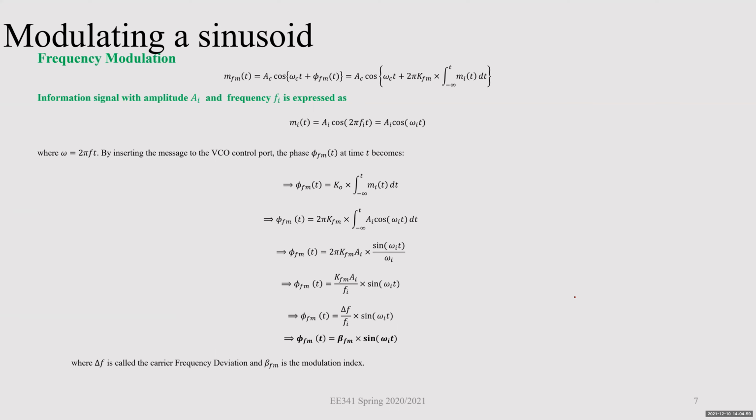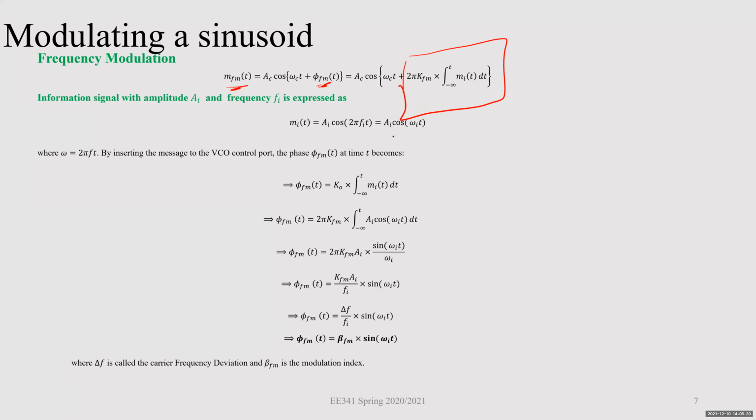So these are all the mathematics. For example, you have your message signal Ac cosine of omega c t plus phi m of t. Phi, I already told you, is equal to 2 pi kf times the integral from minus infinity to t of m of t.